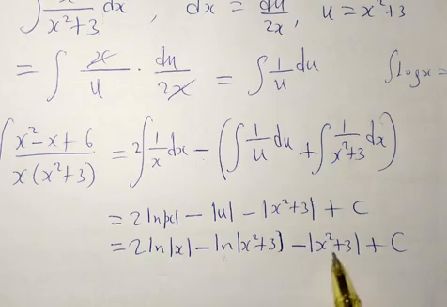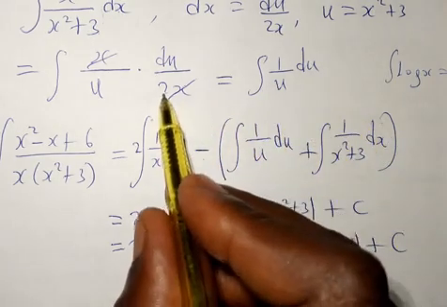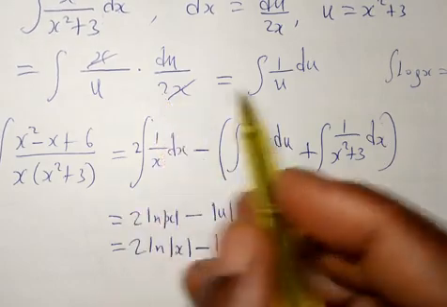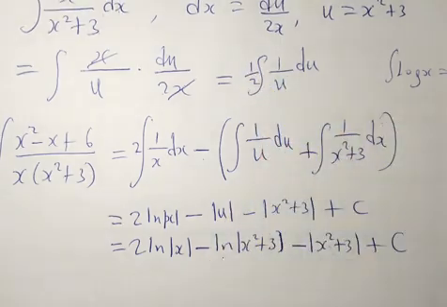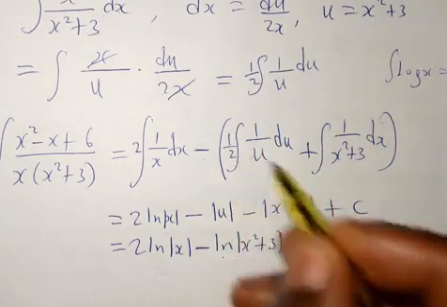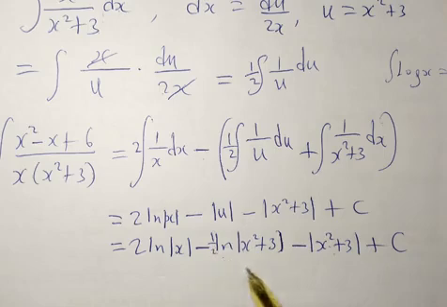When you check this one, they have something in common, and you know that I missed something from here, because there was a 2 left there, so here is supposed to be 1 over 2. So here is supposed to be 1 over 2. So definitely we have here to be what? 1 over 2.